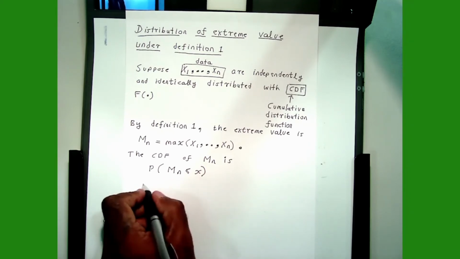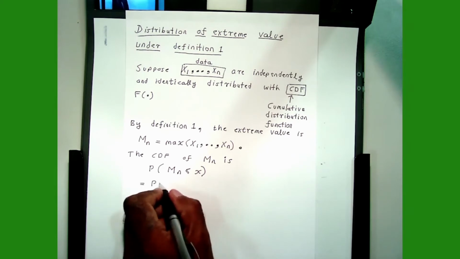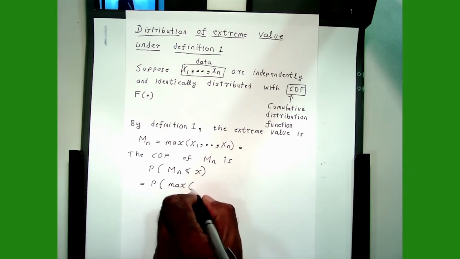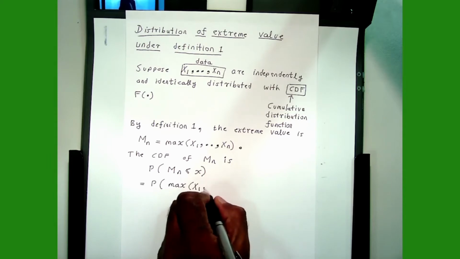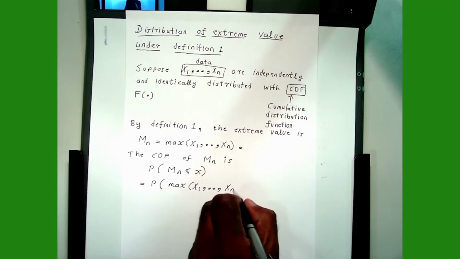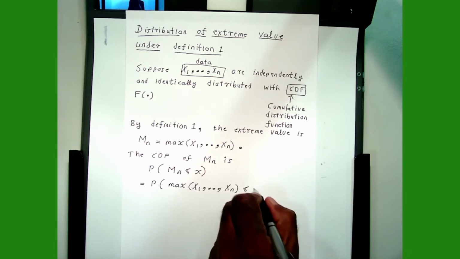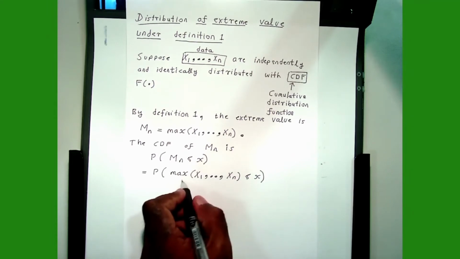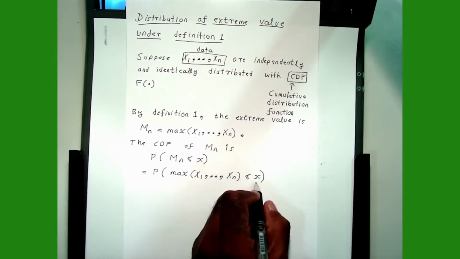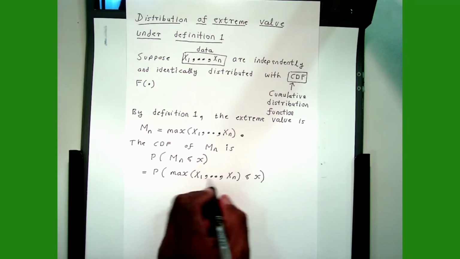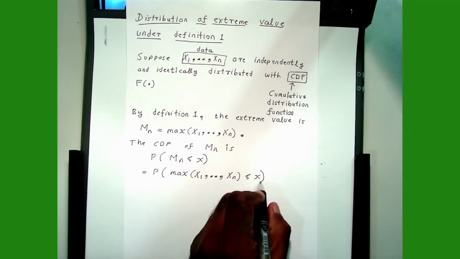This is the probability that the maximum, Mn, is less than or equal to x. And if the maximum is less than or equal to x, then each of the terms within the max has to be less than or equal to x.